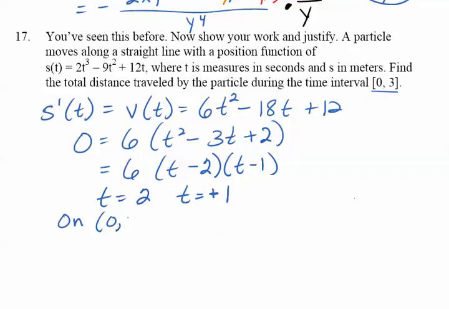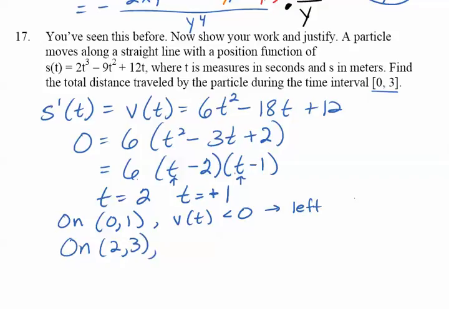On our first interval from 0 to 1, if we put 1.5 in here, we found out that we had 6 times a negative number times a positive number. So we knew that the velocity started out to be negative, and it was moving to the left. And then on the interval from 2 to 3, when you pick a number bigger than 2, all of those parentheses are positive, so then it is moving to the right.